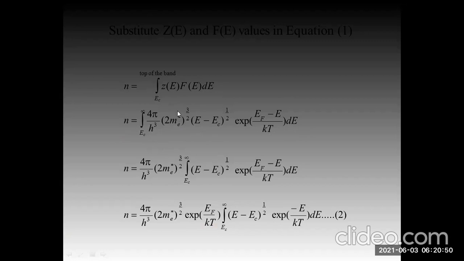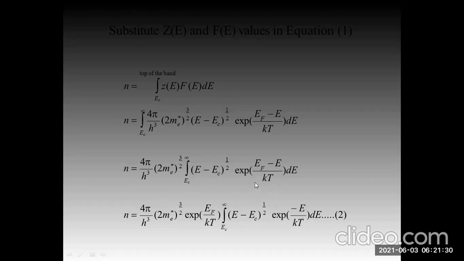Now I take the exponential of EF by kT out of the integration. So I write 4 by h cube (2m*)^(3/2) exponential of EF by kT, taking out (E minus EC) to the power of 1 by 2. What remains inside is the exponential of minus E by kT into dE.